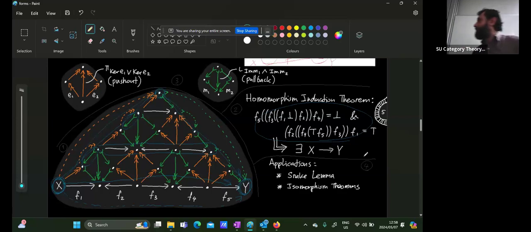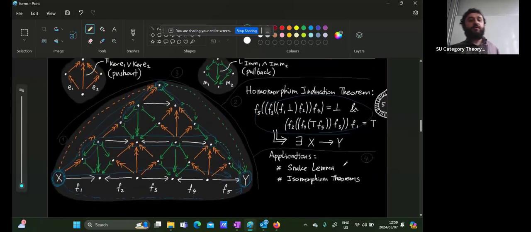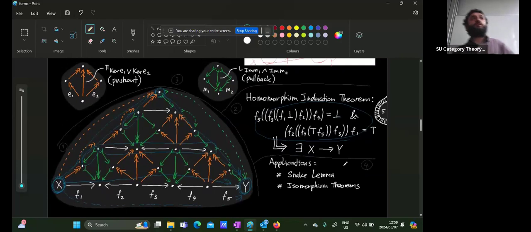And you can really derive all the isomorphism theorems that I mentioned before, as well as the connecting homomorphism of something like the snake lemma, just by application of this. It also gives proofs of these theorems that are quicker than for non-abelian groups, because for non-abelian groups, you always have to prove the two sides. Something is injective, then separately something is surjective.